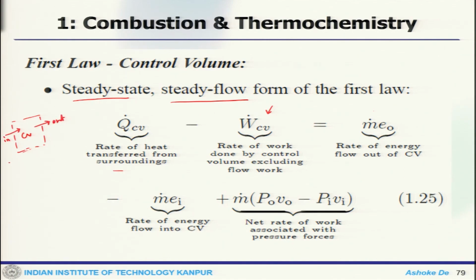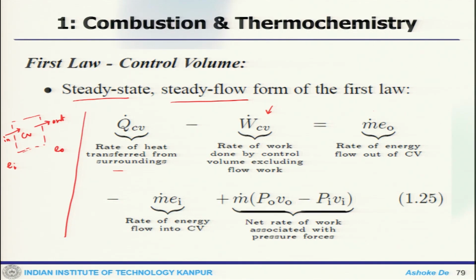So, let us say E dot i comes in, E dot e goes out with a mass. When you come to the control volume, there is a mass crossing the boundary, m dot, and the net rate of work associated with the pressure forces. You take that into account, then you get this equation for your steady state.